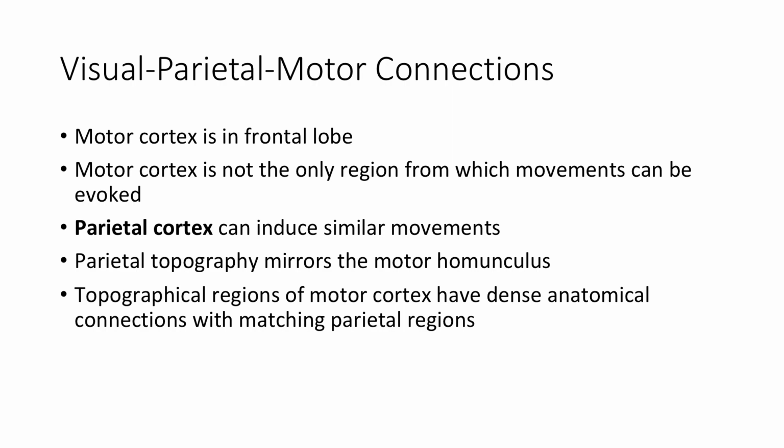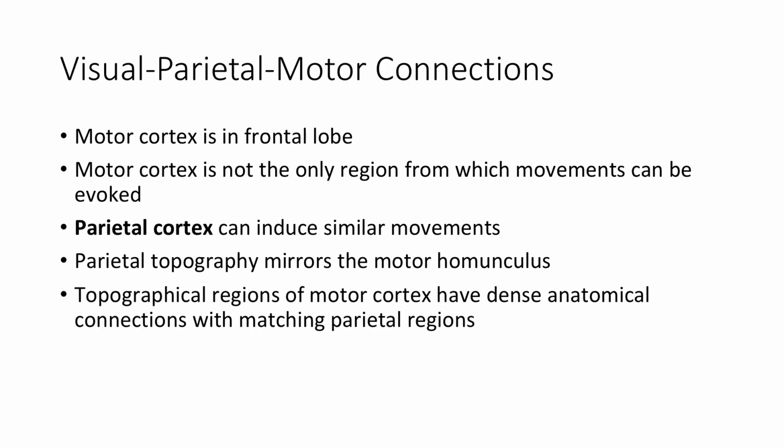It's also upside down, where the face is represented on the more ventral side, and on the more dorsal side you have the feet. Stepping movements are elicited from more dorsal parietal regions, reaching movements are elicited from more medial parietal regions, and hand or mouth movements are elicited from more ventral parietal regions.